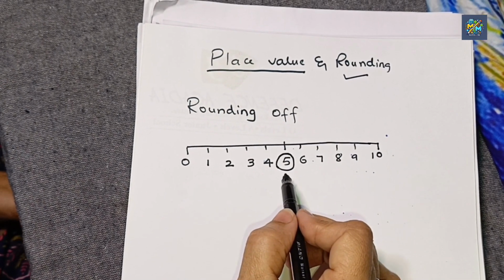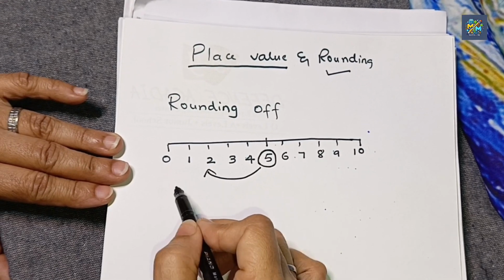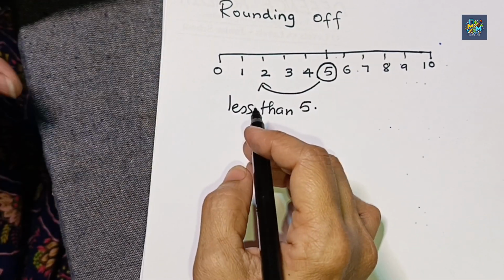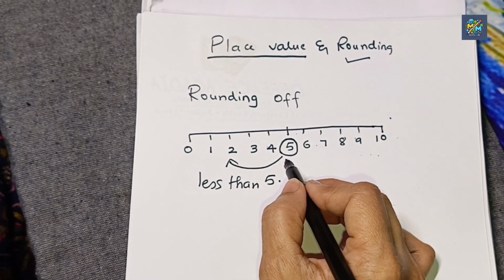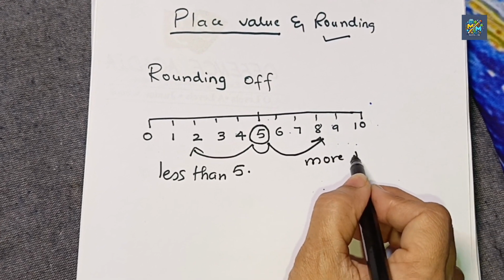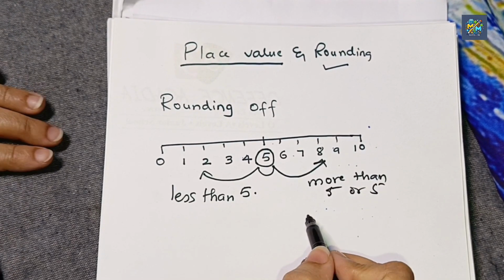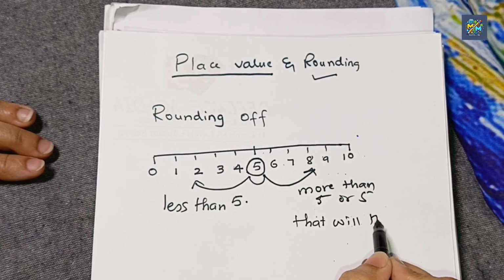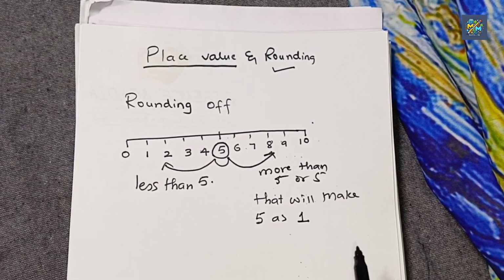Whenever a number is less than 5, consider the number as it is. But if the value of the given number is 5 or more than 5, the value will be converted so that it makes the 5 a 1.